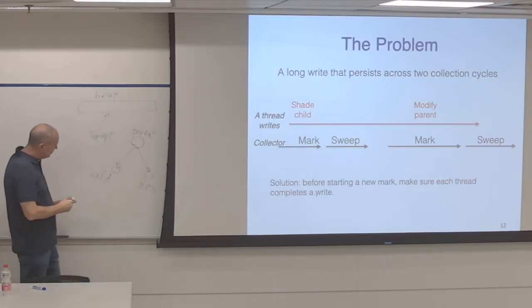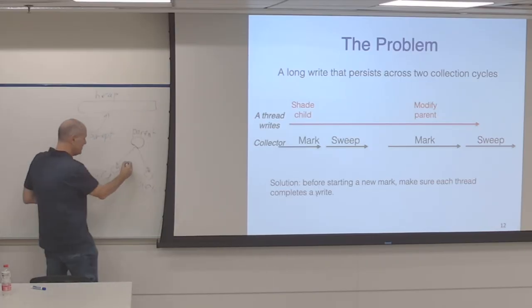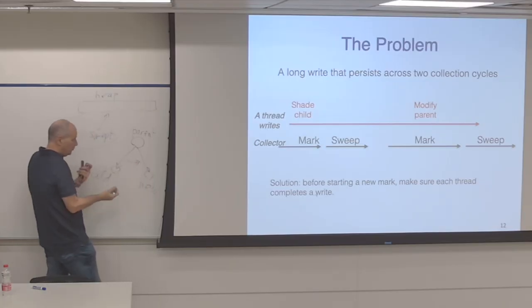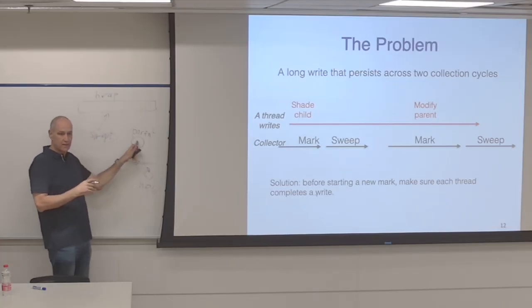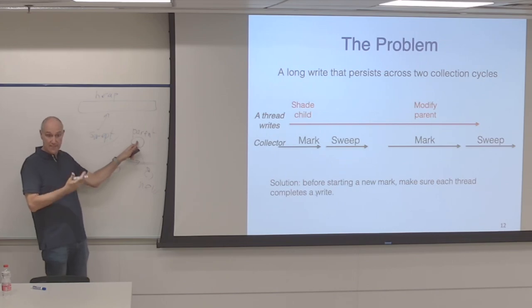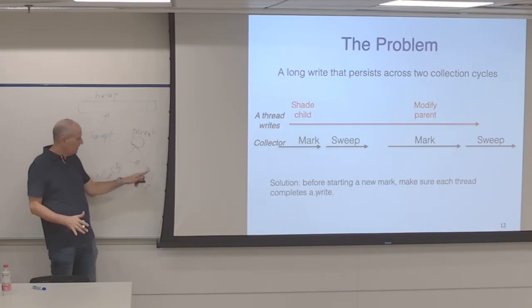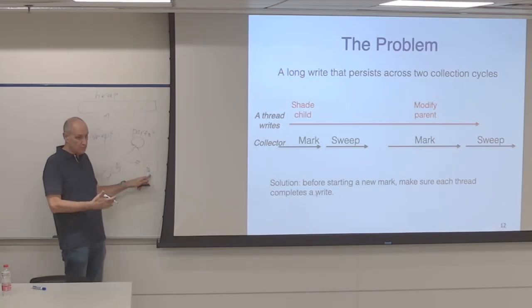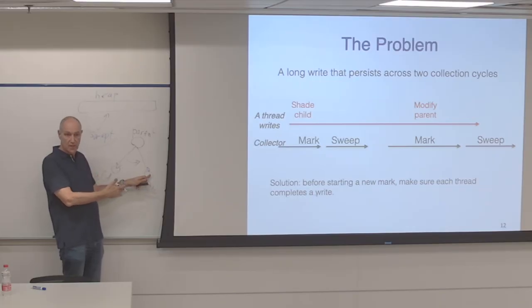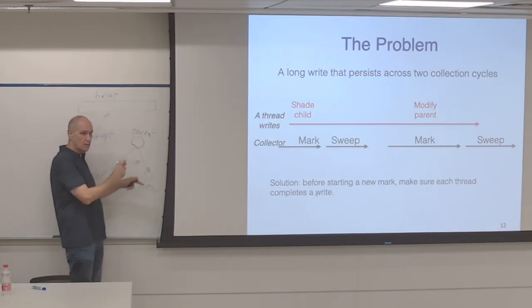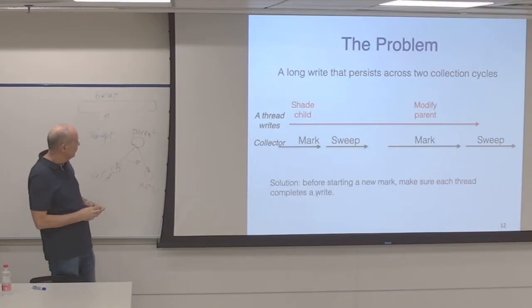Our problem is that we changed this pointer and we worry that this is black. It is an object that we have scanned and we have scanned its children and we're not going to scan it anymore. And this object is white, so we haven't seen it. It's going to remain reachable because it will be reachable from here, but we're not going to scan this object again. So this was our worry.